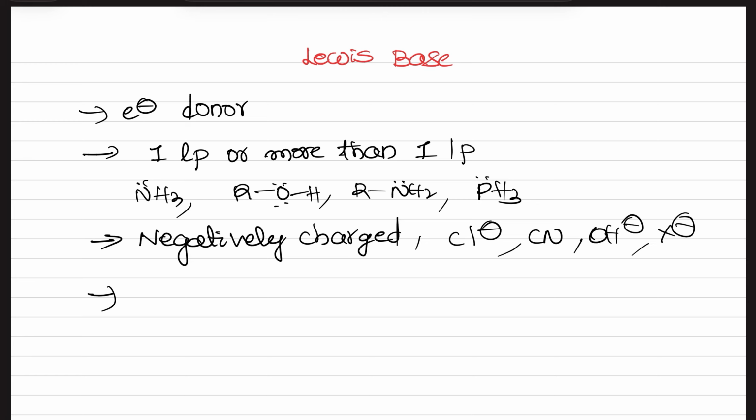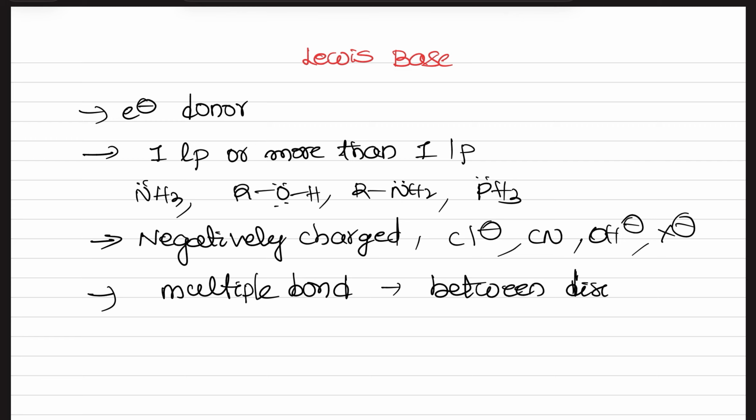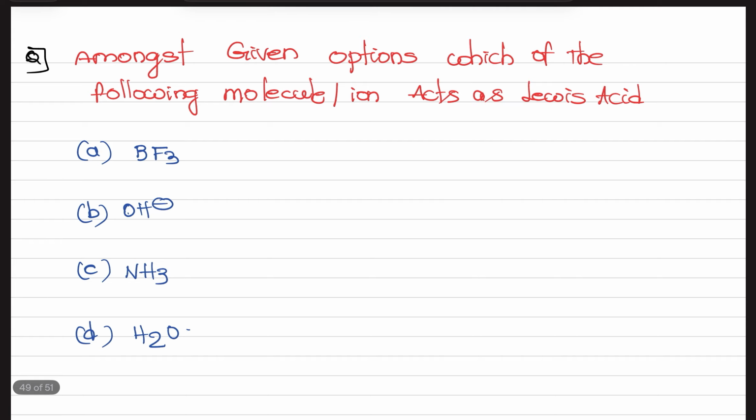Next, molecules having multiple bonds, and those bonds should be present between atoms of dissimilar electronegativity. For example, CO2 and SO2 will act as Lewis bases. By using these tricks, we can solve these questions.